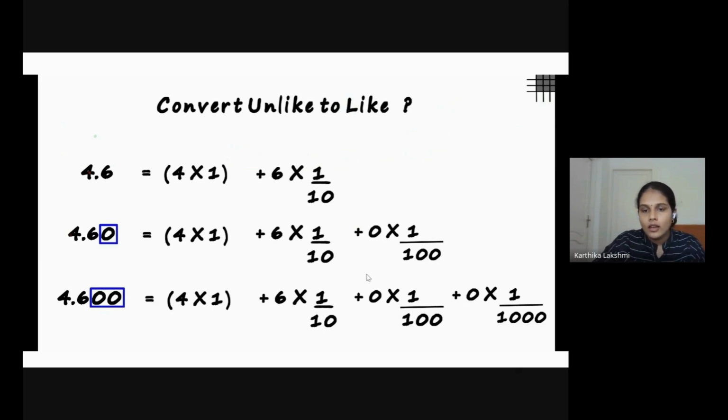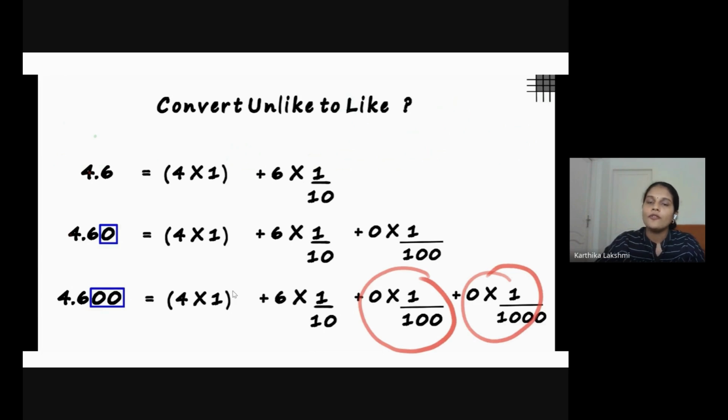Any number multiplied by 0 will be 0, so these terms will be 0. What is left? 4.6. So if we add 0 to the right of the decimal part, the number will be the same. As you can see, 4.60000 is equal to 4.6.